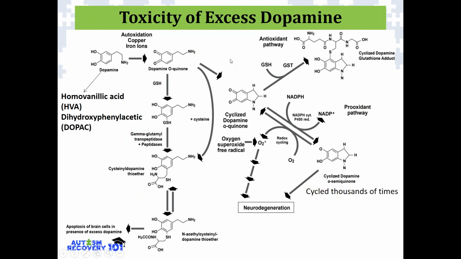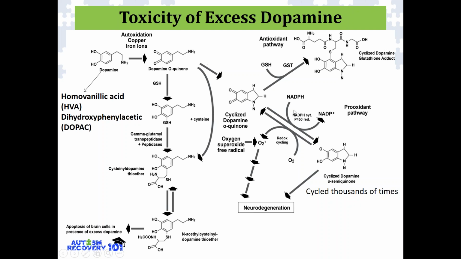I mentioned excess dopamine, and this is a confusing chart, so let's just look at it at face value here. One of the things that happens with dopamine is that it can generate a lot of free radicals. This is oxidative stress, things that are irritating to the cells of the body, to the brain and the nervous system, and so that's not a good thing.